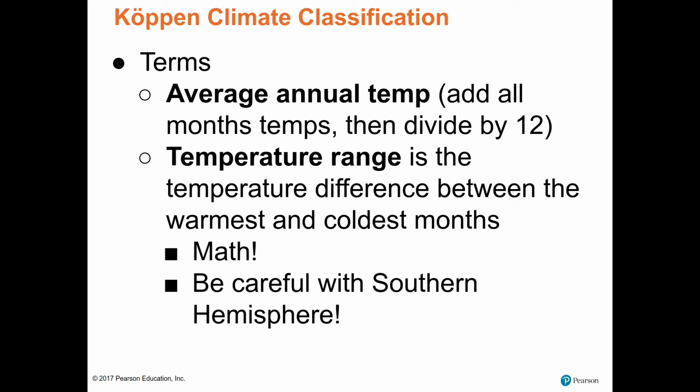If you do the math wrong, that negative is going to throw you off. The difference between 30 and negative 10 is 40. But often students will say the temperature range is 20 degrees, which is wrong. So be extra careful when calculating the temperature range with negative temperatures in the winter.